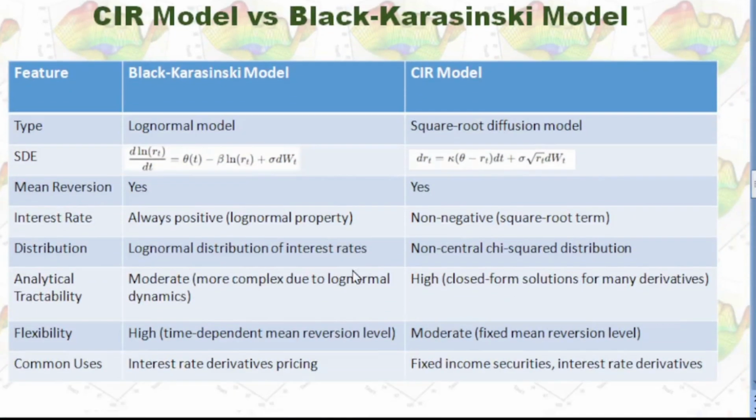Now, let's compare CIR model against Black-Karasinski model. First, the Black-Karasinski model is a log normal model, but the CIR model is a square root diffusion model. The equation for the Black-Karasinski model is here, as I showed before, and for the CIR model, the formula is this one.